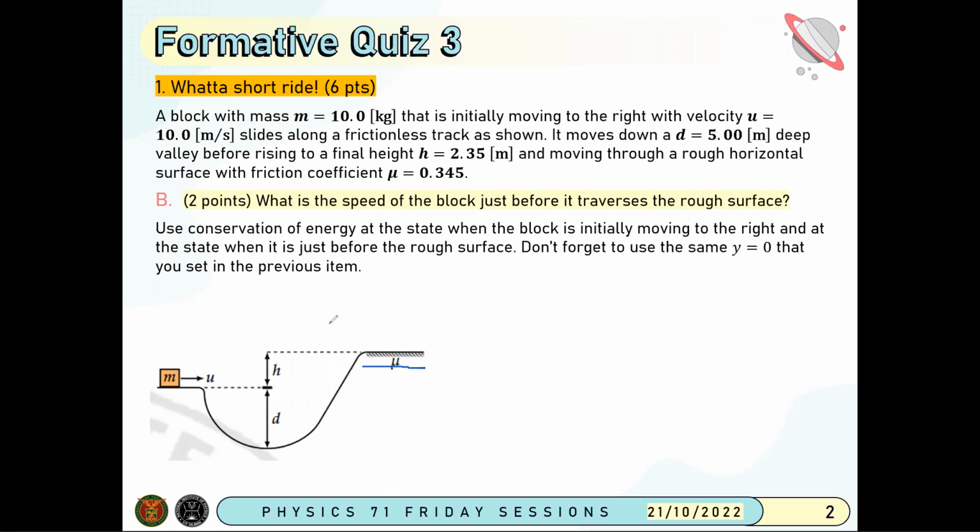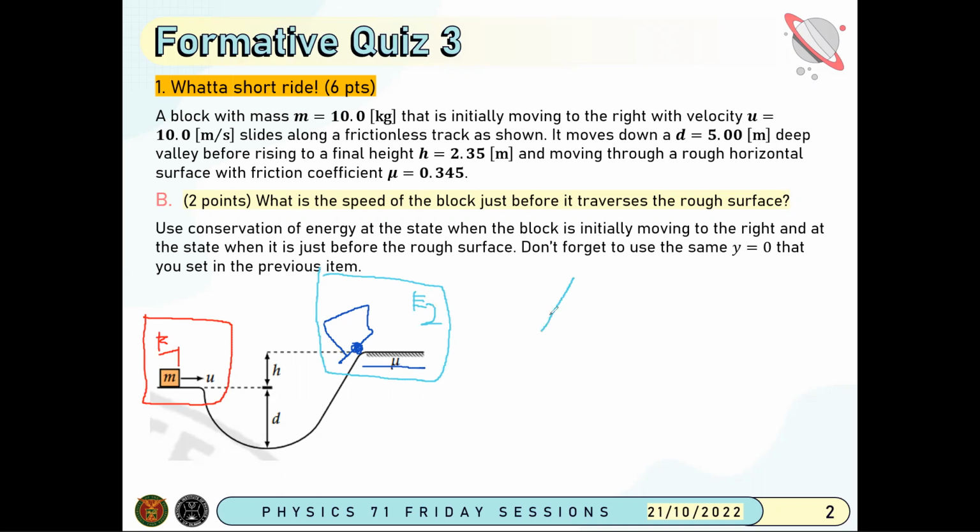The block is somewhere in this area. We can say its center of mass or point of contact is here. So now we can define the initial and final state. We can define this as the initial state, E1, and the final state is when it is up there, this one. That will be your E2.